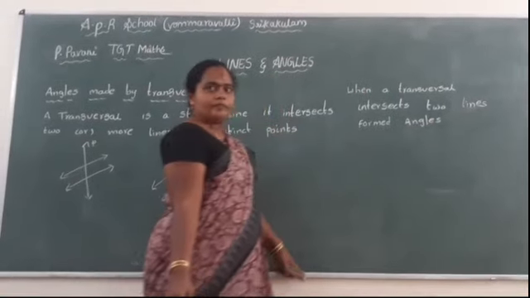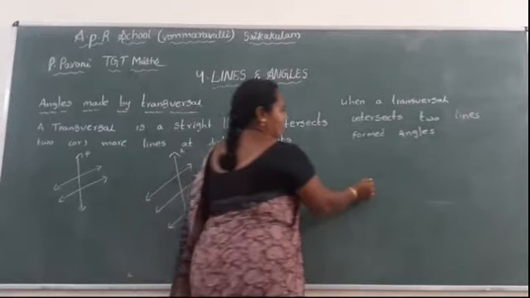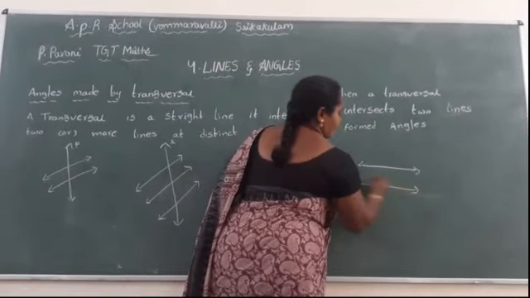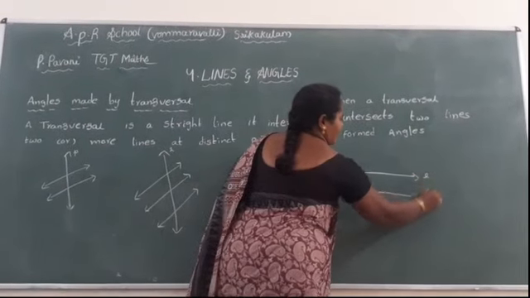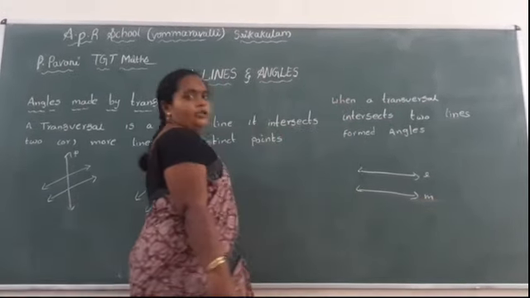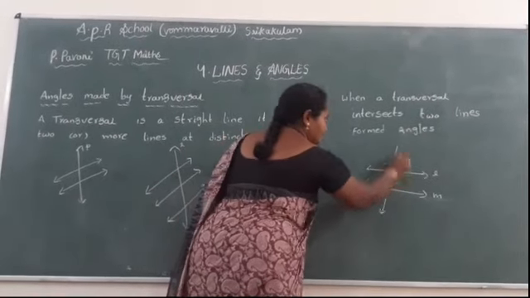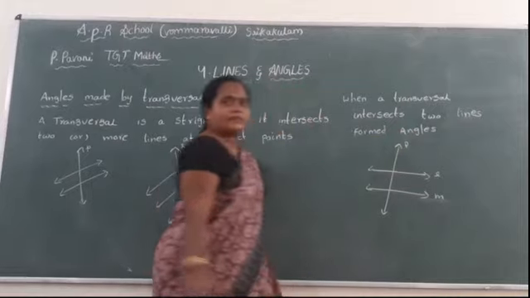You see that? Okay? L, M are two straight lines. T is the transversal.